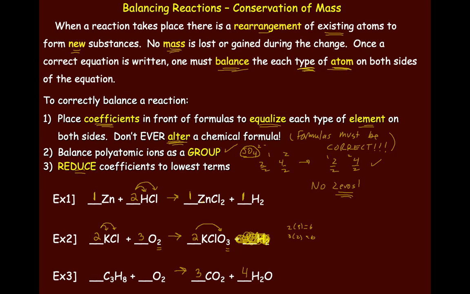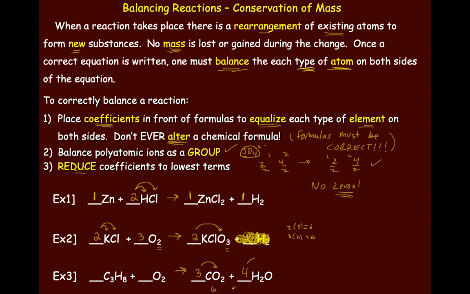So C3, 3 C's, 8 H's, 8 H's, and now we can come here. Now, just be careful. A couple of times you got to be careful because this oxygen is actually in both of these formulas. So we have 3 times 2 of 6 oxygens here, plus, so there's your 3 times 2 is 6, but we also have another oxygen here.